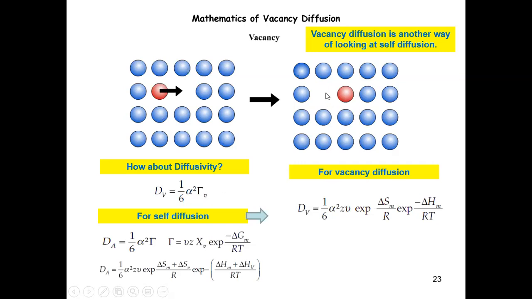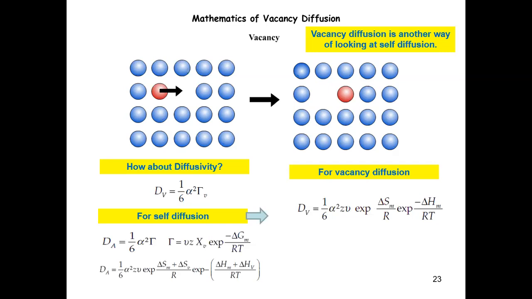And we do the same thing, because if you look at the activation energy barrier for the vacancy, it is going to be exactly delta GM, right? Because you're not moving the vacancy itself, you're actually dragging an atom back into this vacancy. So those two processes are going to have exactly the same activation energy. Does this make sense to everyone?